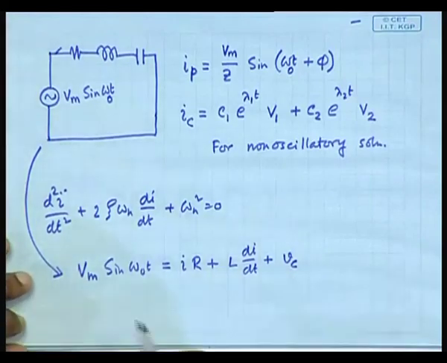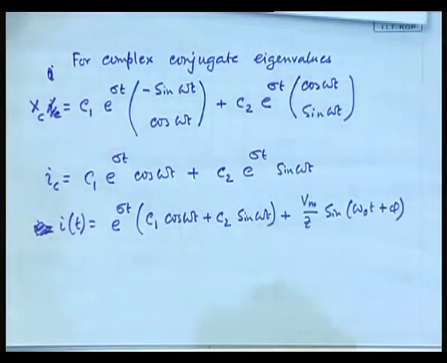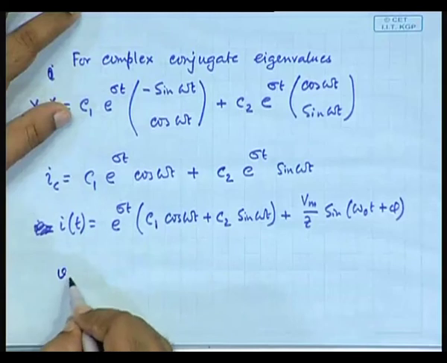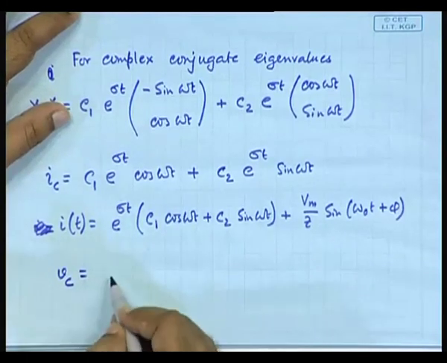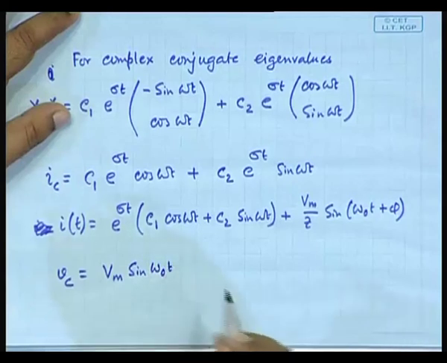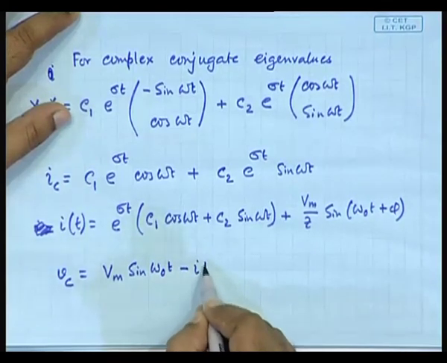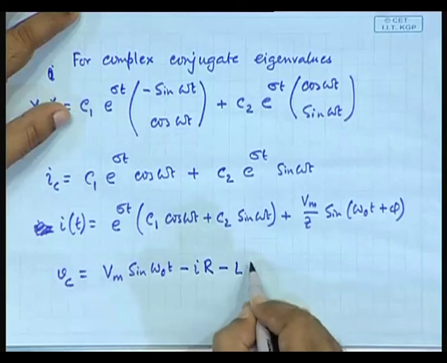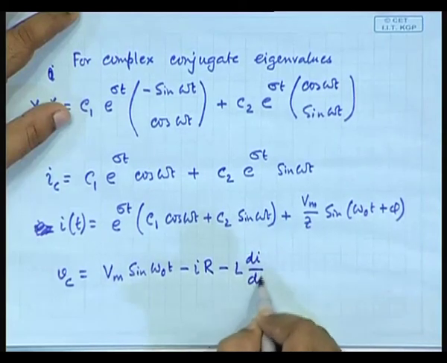So, V c equation is actually V c was V m sin omega naught t minus I r minus L d I dt.